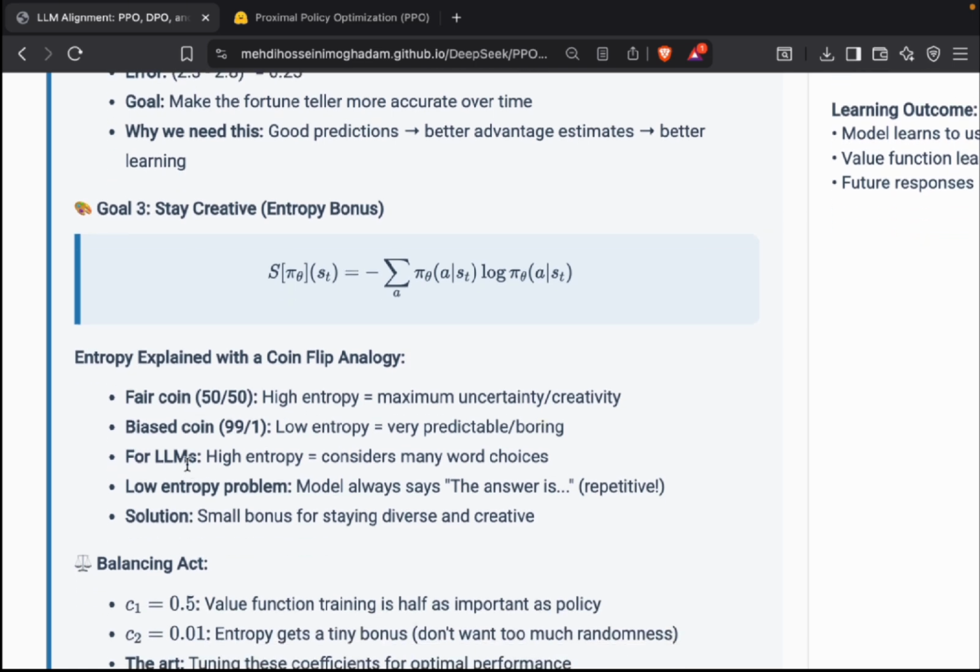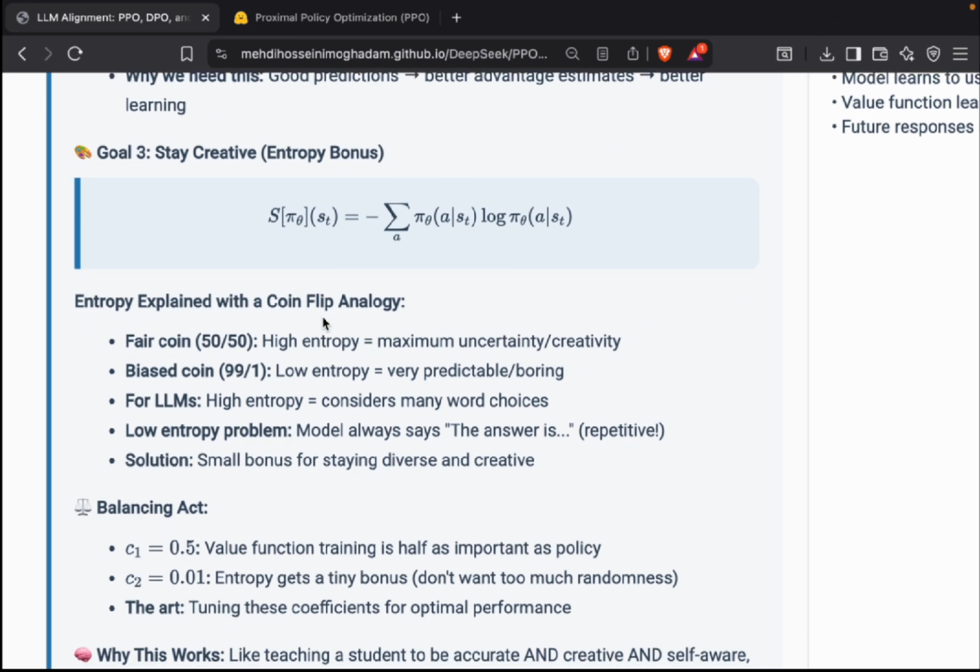And stay creative. Why do we need to stay creative and have higher entropy? Because if we don't have that creativity in an LLM, it can be greedy and sometimes defeat the whole point of the LLM. Sometimes we don't need it. For example, imagine you want to extract entities and put them into a Pydantic output parser.